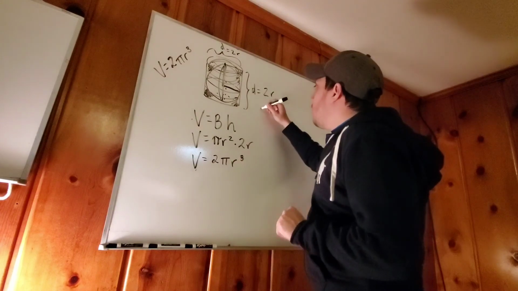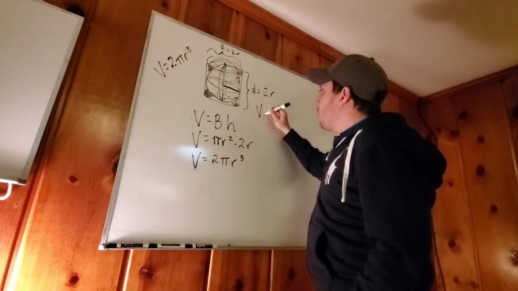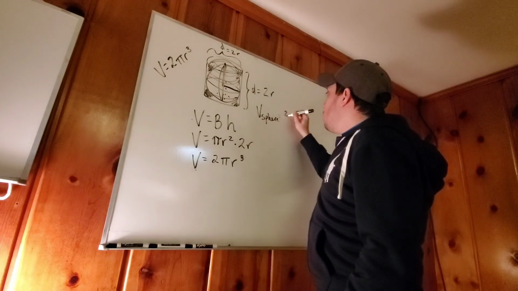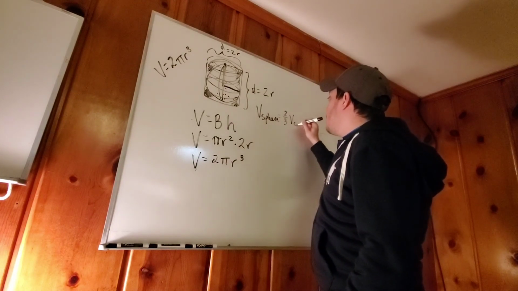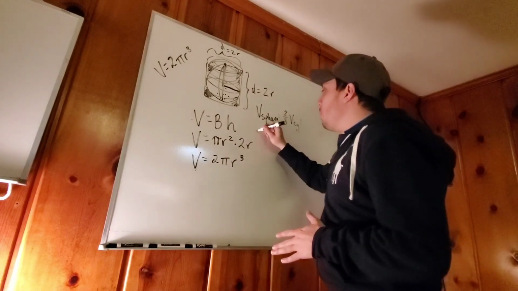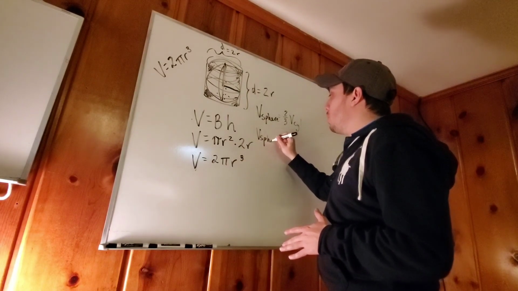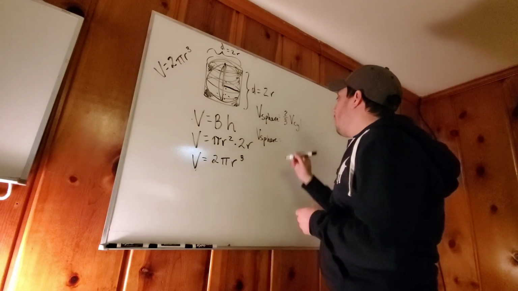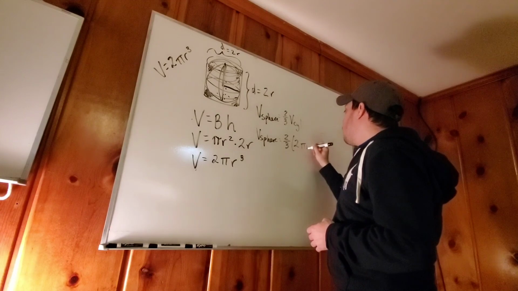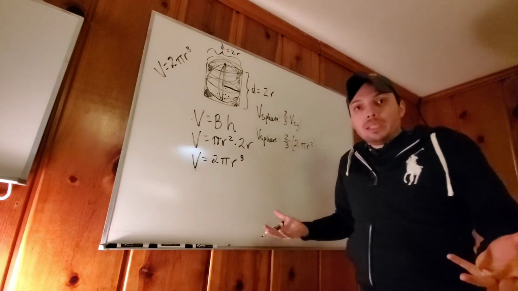Okay, so the volume for the sphere is going to be 2/3 of the volume of the cylinder. So the volume of the sphere is going to be 2/3 times 2 pi radius cubed. It makes sense, right?